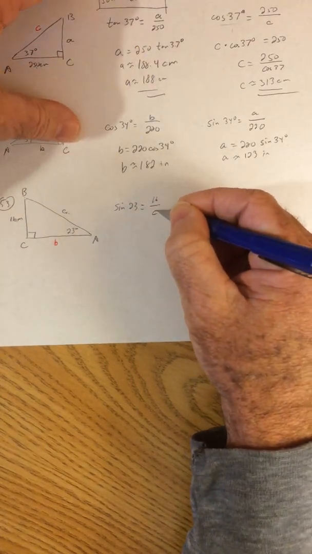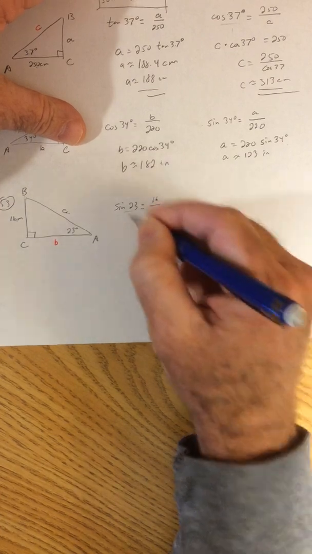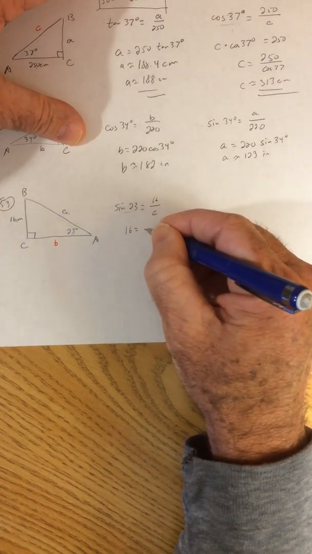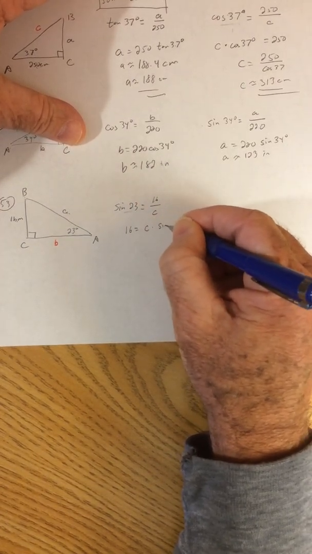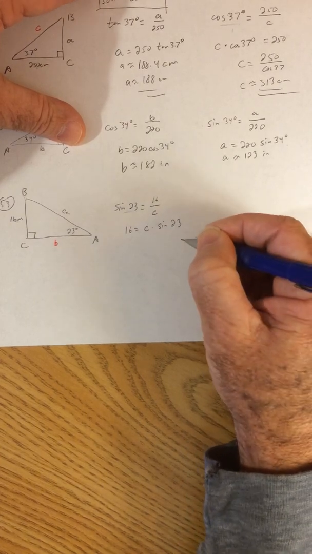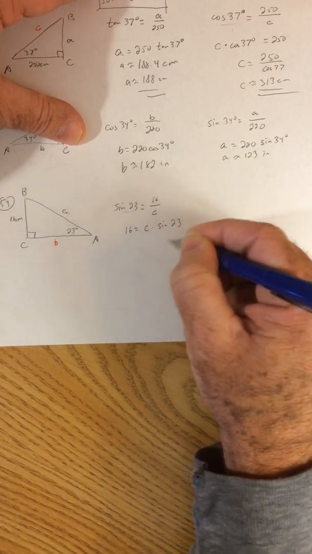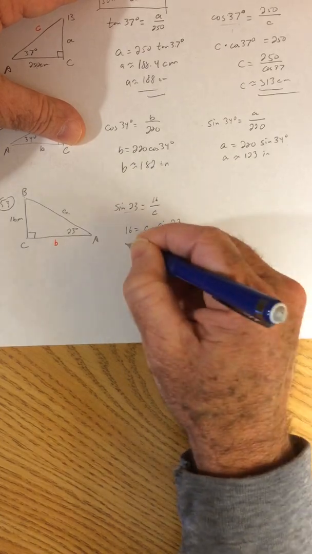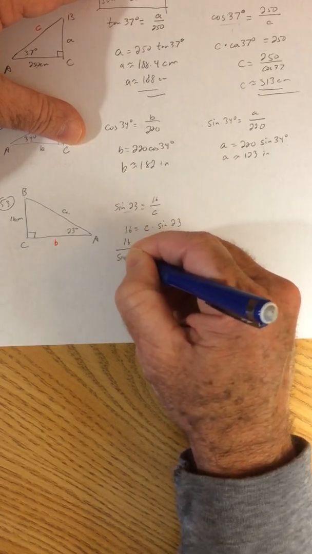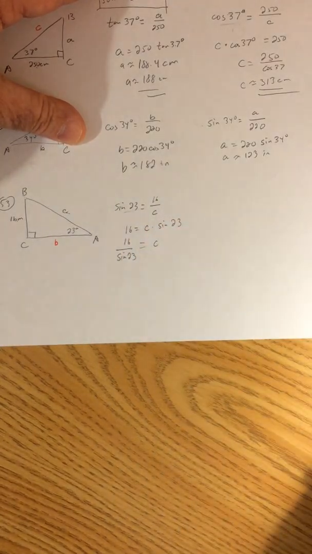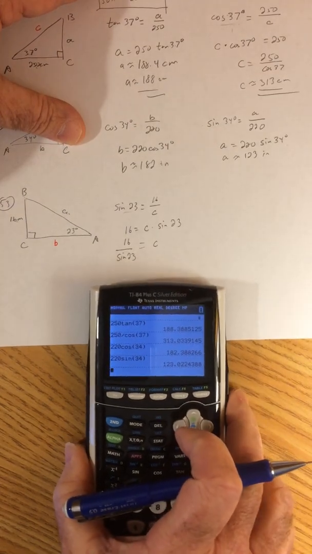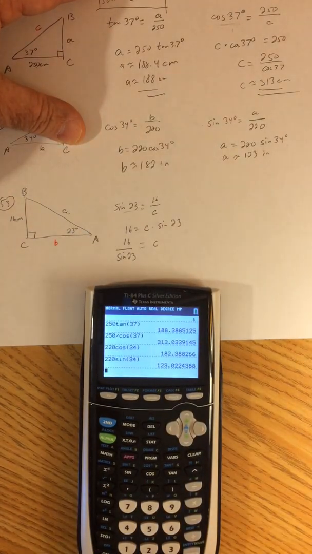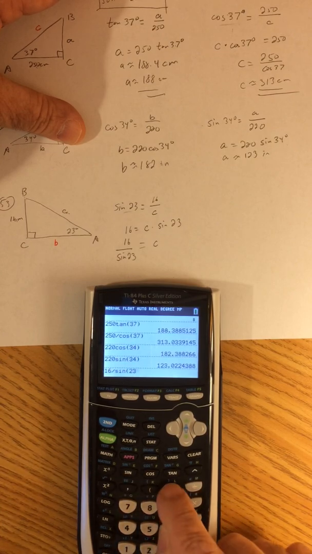Now we're looking for C. When we cross multiply this time, 16 times 1 is 16. That's equal to C times the sine of 23. Divide both sides by sine 23. 16 divided by sine 23. Okay, let's see. That should be in frame, I think. 16 divided by sine 23.